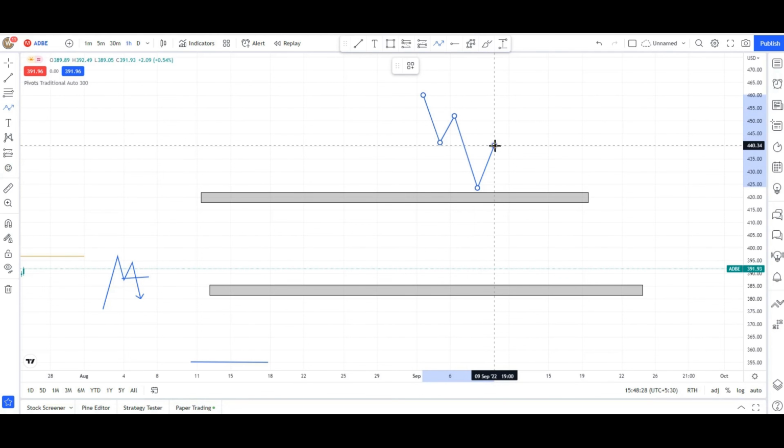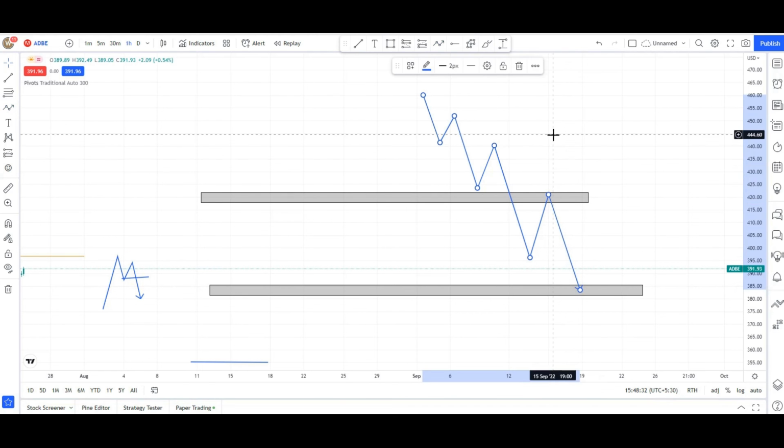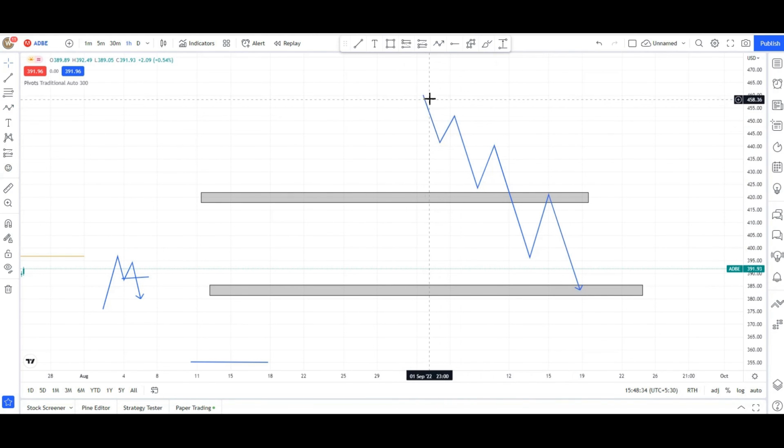Okay guys, I will just show you. So like this, the downtrend makes lower high, lower high, lower high, lower high, continuously. This low is shifting downward, downward, downward, and the high is also shifting downward. So this is how the downtrend and uptrend work.